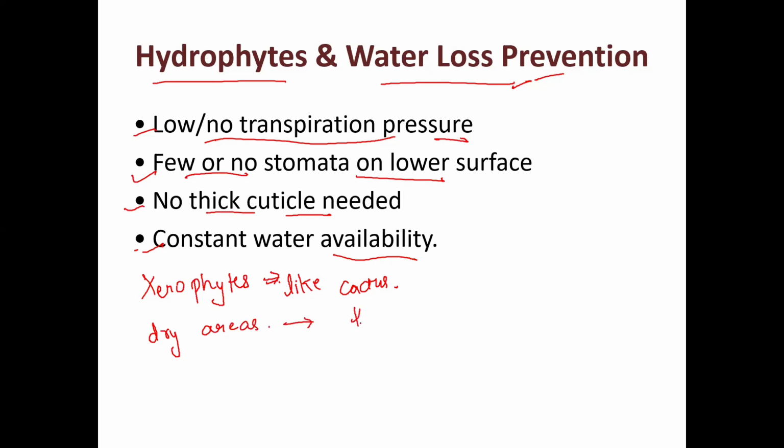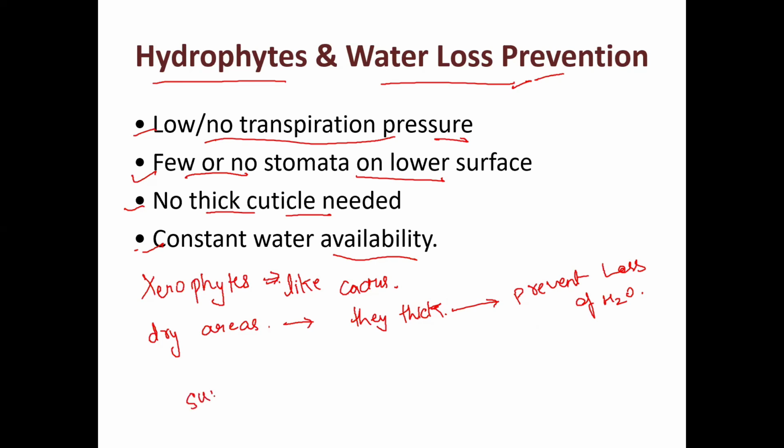They have a thick cuticle, whereas hydrophytes have a thin cuticle. A thick cuticle prevents loss of water. They prevent loss of H2O and conserve water.